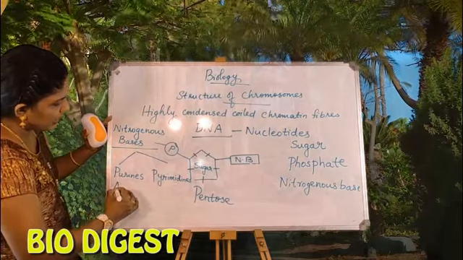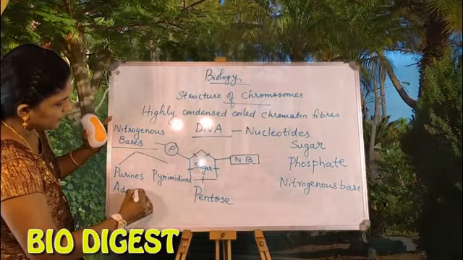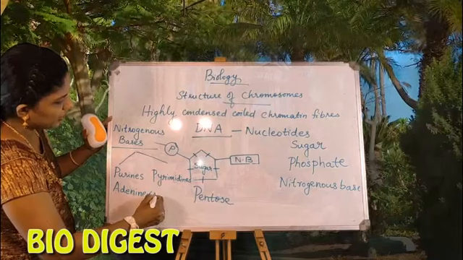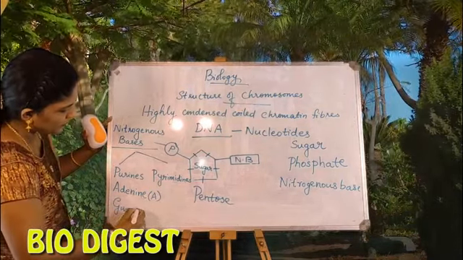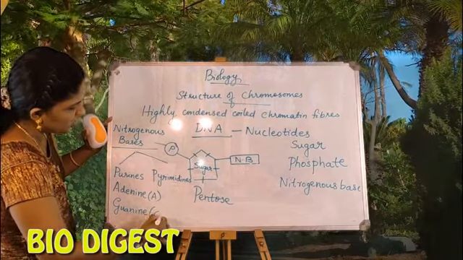Purine bases are adenine, represented by A, and guanine, represented by G.